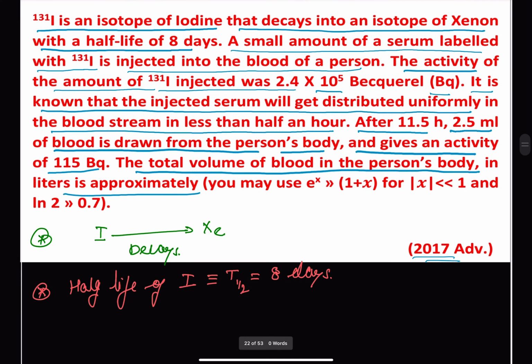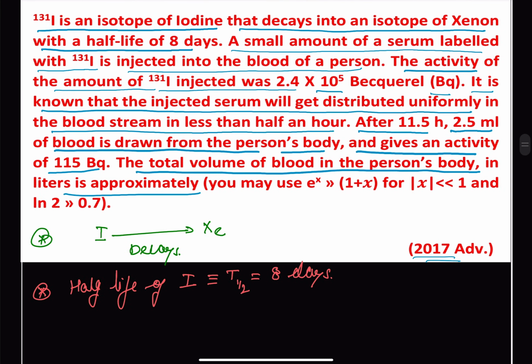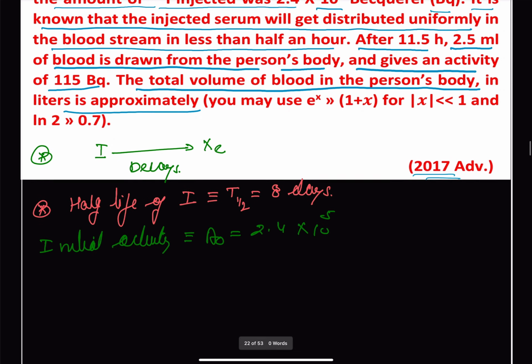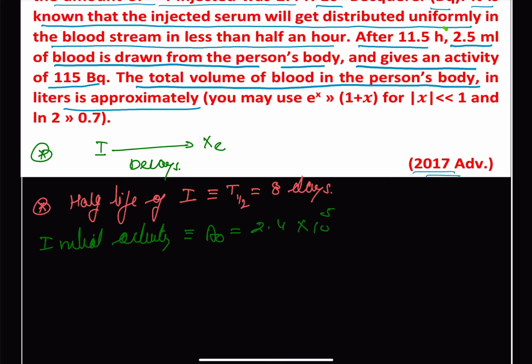Initial activity is given to us as 2.4. So we can say initial activity, that is our A naught, is equal to 2.4 into 10 to the power 5, and total time elapsed is given as 11.5 hours.